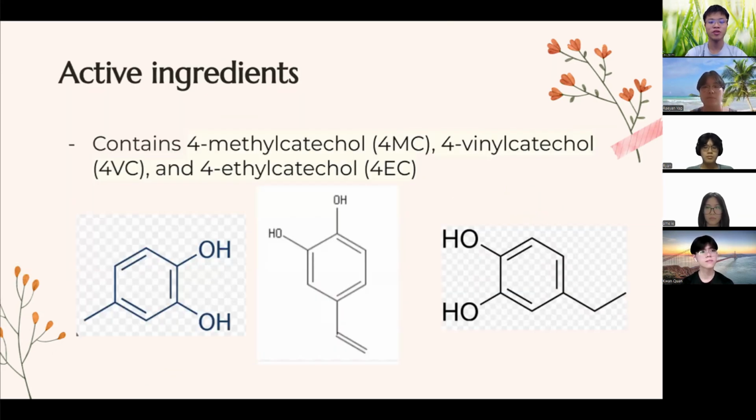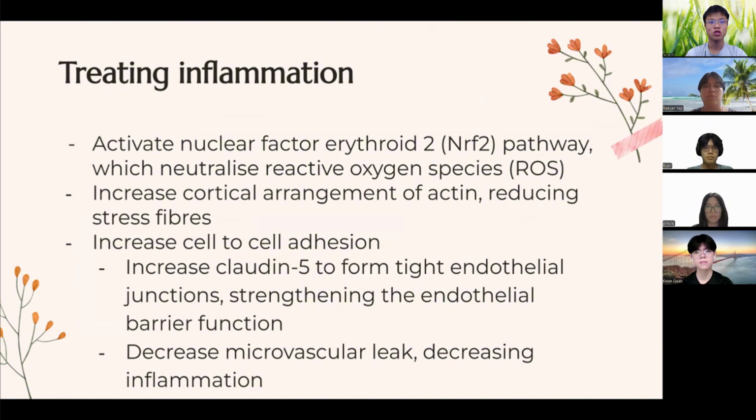Here are some of the active ingredients present in Barleria lupulina. These are 4-methyl catechol, 4-vinyl catechol, and 4-ethyl catechol. When it comes to treating inflammation, these active ingredients activate the nuclear factor erythroid 2 pathway. This neutralizes the reactive oxygen species by reducing the amount of free radicals present.